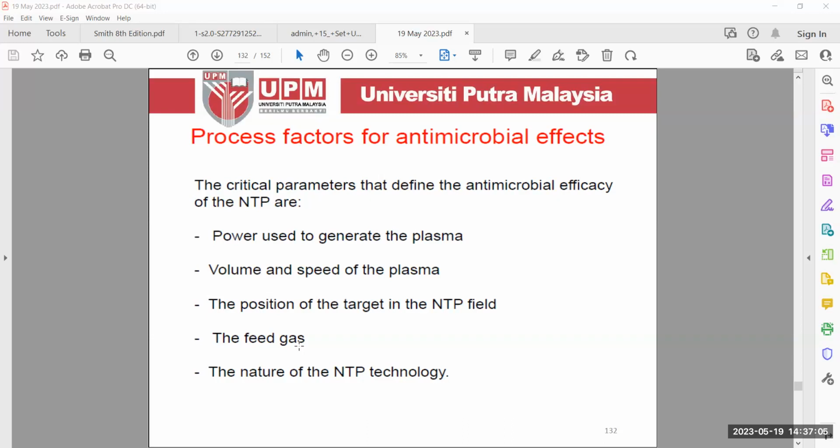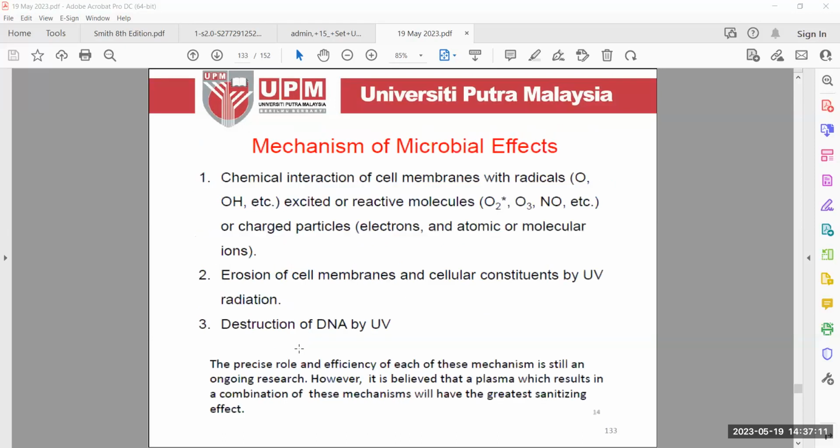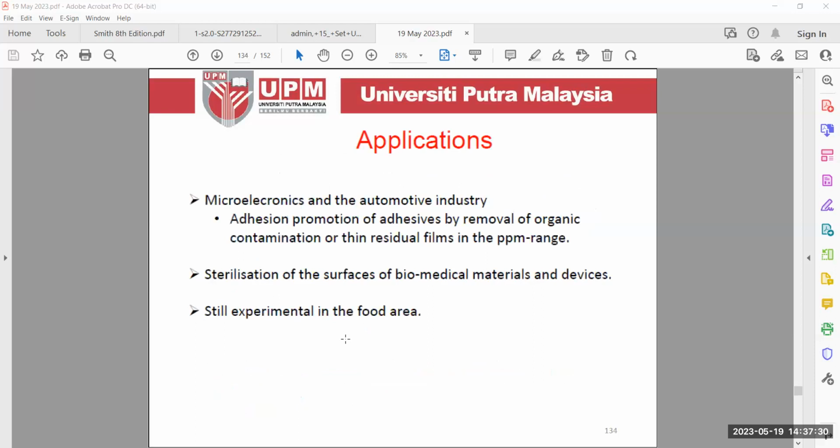Depending on the type of feed gas, you would give out different intensity of the gas plasma. And again, as mentioned, the microbial killing mechanism was speculated to be induced by ozone or ultraviolet light, and sometimes by destruction of the DNA.